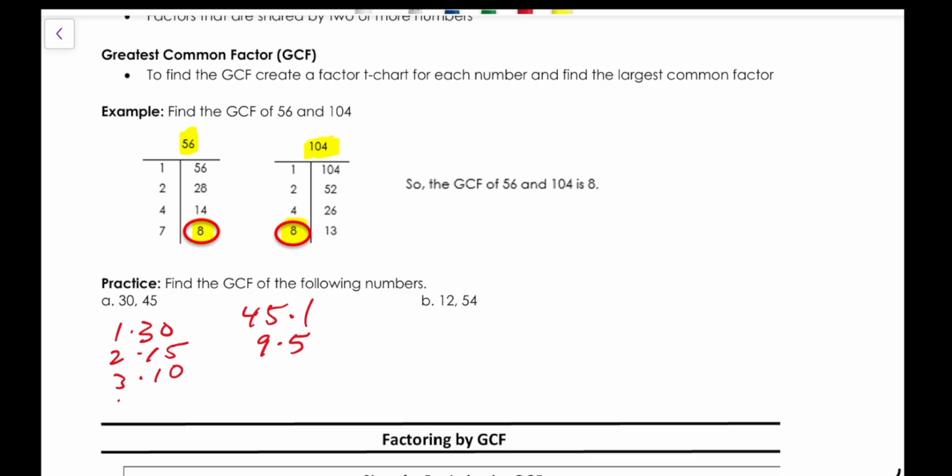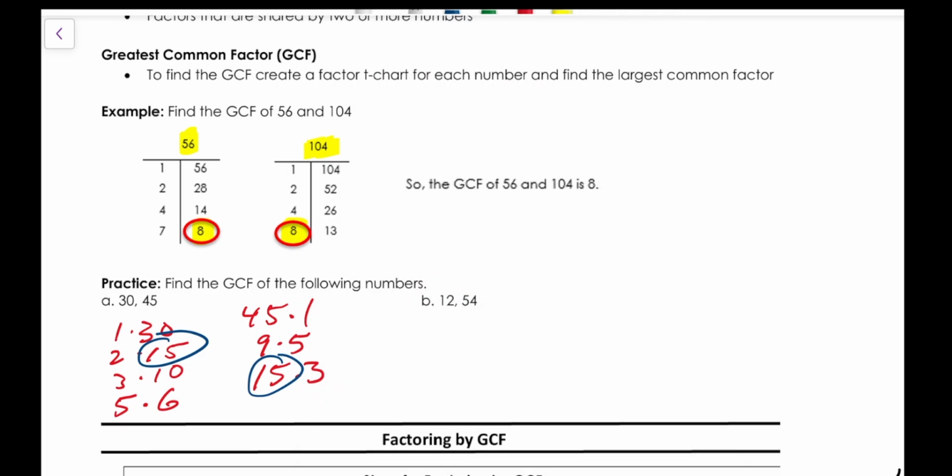How about 5 times 6? Okay, so the number that's the biggest, that's in both of the lists, is, oh, I missed one more, didn't I? There's one more on 45. That would be 15 times 3. I really wasn't too careful here. Anyway, 15 is the biggest number that goes into both of them evenly. That's the GCF. All right, let's see if I can do a little better job here on the next one.